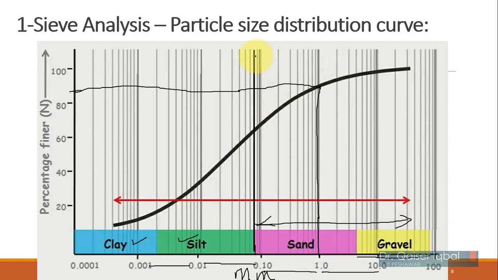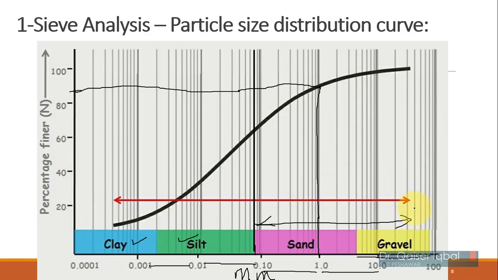So this portion on the right of this line will be plotted using sieve analysis. This portion will be plotted using the hydrometer analysis or sedimentation analysis, and when we plot it combined, this is known as the combined gradation curve. So what does it tell you?